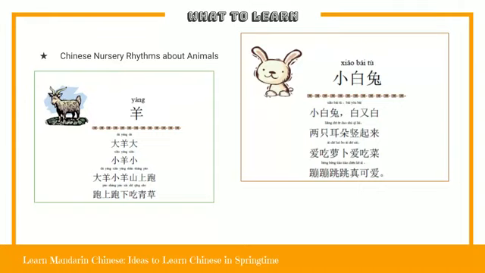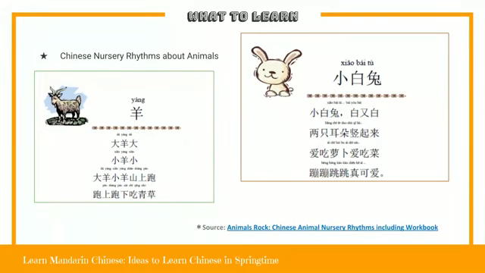Want to read it again? 小白兔，白又白，两只耳朵竖起来，爱吃萝卜，爱吃菜，蹦蹦跳跳，真可爱.